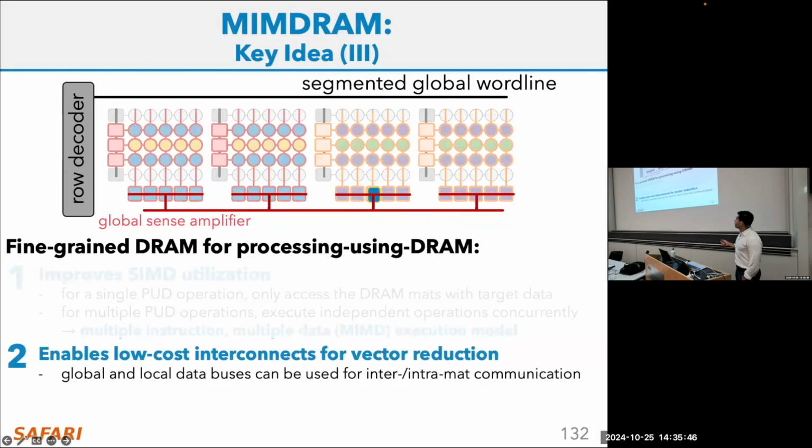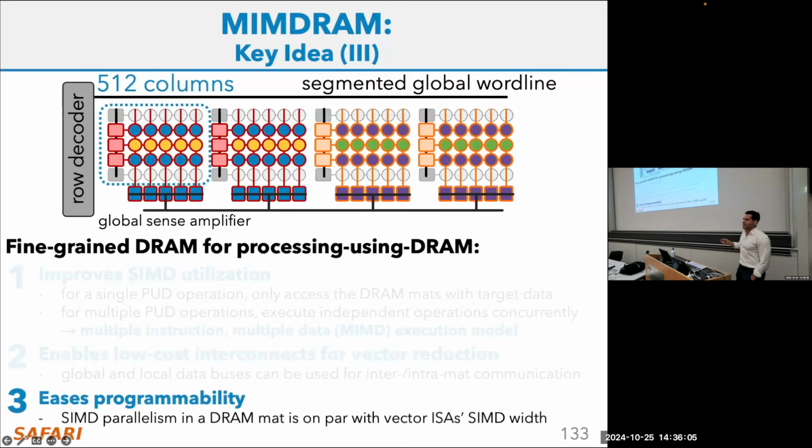Basically, we can use that global amplifier to move data from one DRAM mat to another DRAM mat. So hence we can reduce the data into some scalar value.